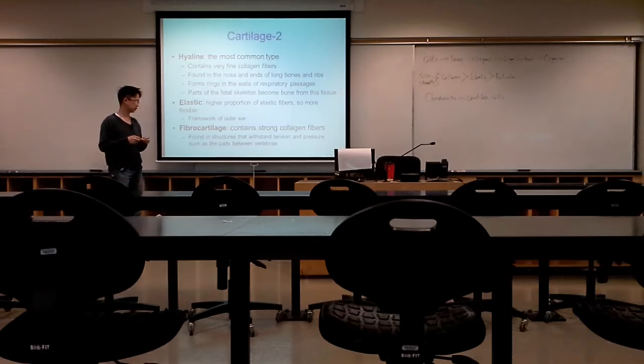Last but not least, we have hyaline. Hyaline is the most common type of cartilage. As you can assume, when it is not your ear, not your knee joint, and not your vertebral column, then basically all the cartilage in your body is hyaline.